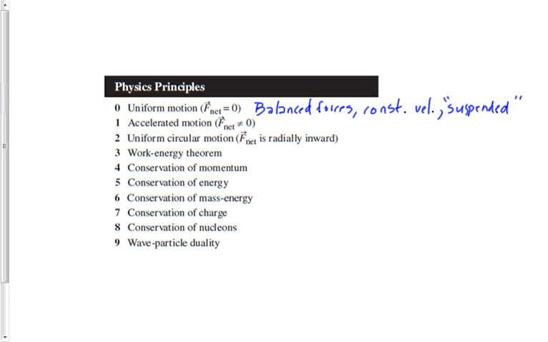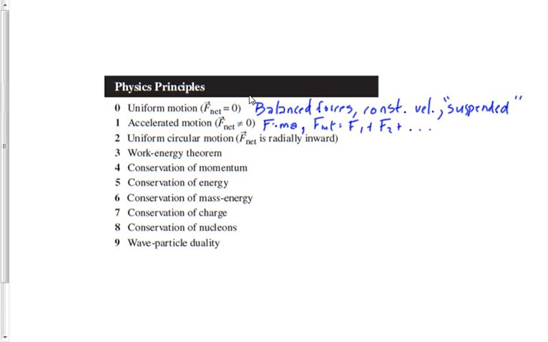Accelerated motion, where the net force isn't 0. In other words, where the object is accelerating. Maybe you used F net is equal to the sum of the forces. Maybe you used F is equal to M times A. Bottom line is, if it's accelerating for whatever reason, then you're going to use the accelerated motion principle, principle number 1.